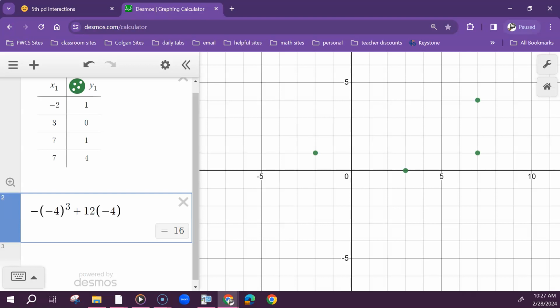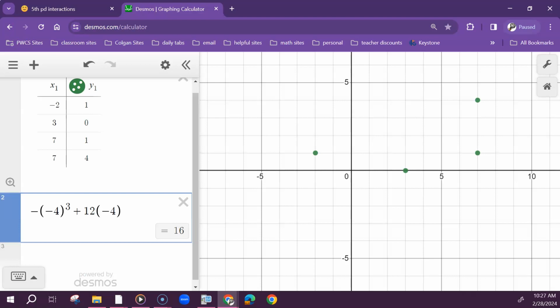Questions on that one? Yes. Why is there another -4? Which one are you talking about? The one in the back. Because it's 12 times x, and x is -4.